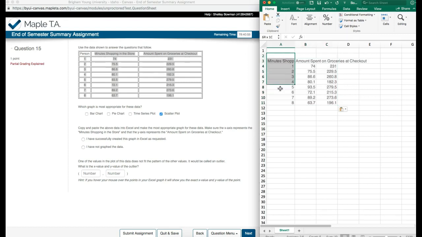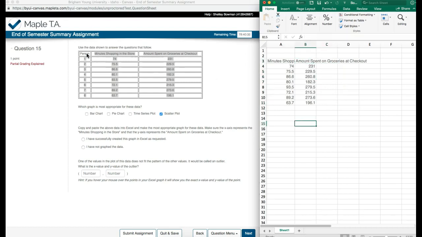We don't need this one right here because that's just the person. Actually, it took out my minutes shopping at the store. It moved those over, so we'll just delete this and move these things over right here so that they're under the appropriate labels.